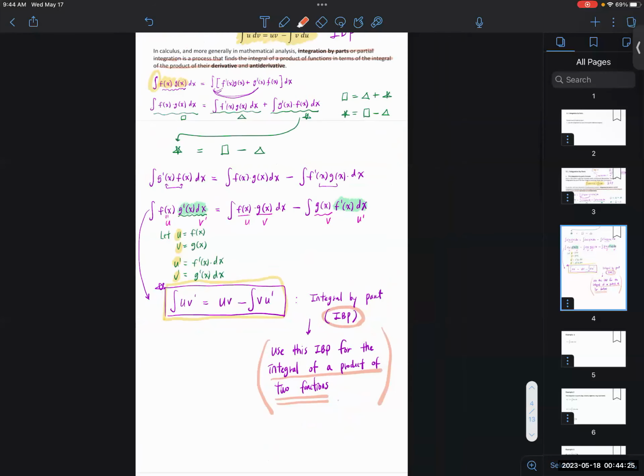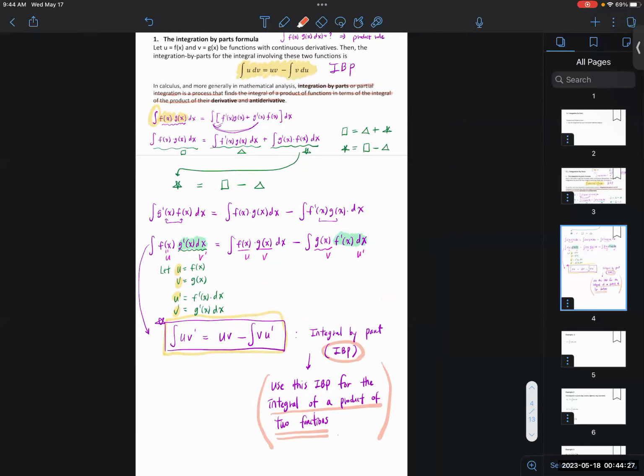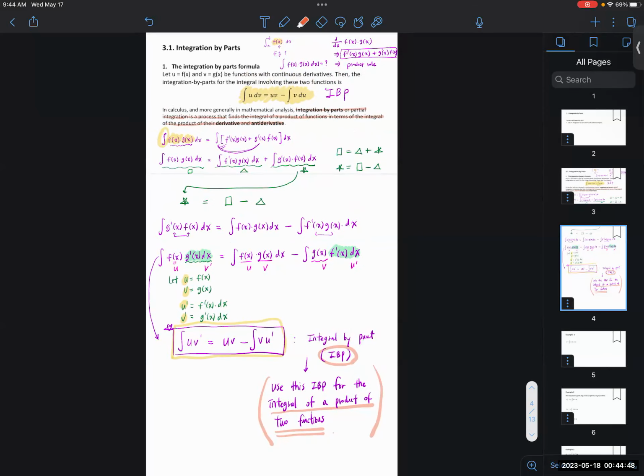So just keep in mind, there are many different integral techniques that we introduce. You have to know when and how to use them. There are different types of functions you're dealing with. Depending on the function, you might be using the substitution method, trigonometric techniques, or the IBP method. So you don't need to memorize this proof.